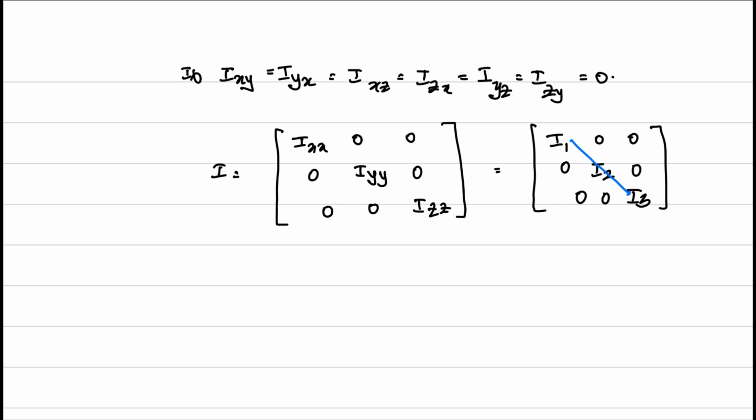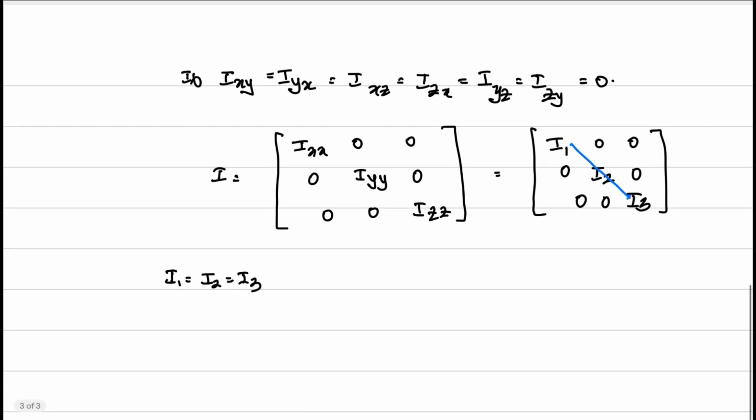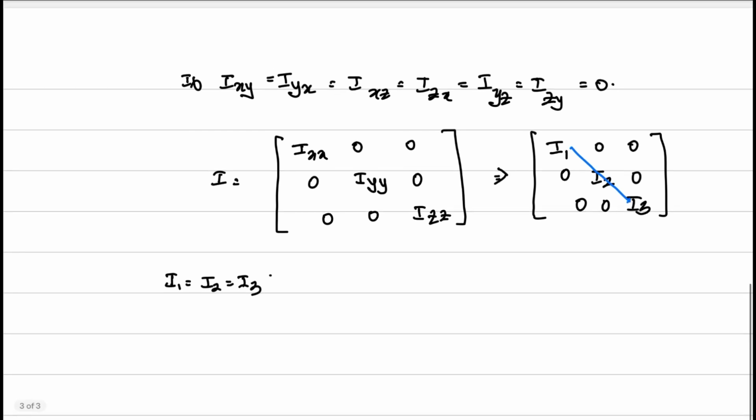I1, I2, I3 are principal moments of inertia, that is principal axis.